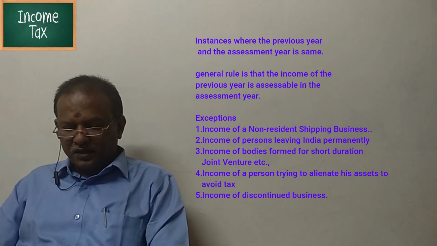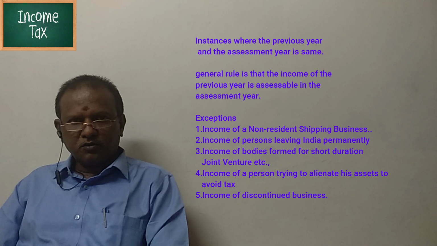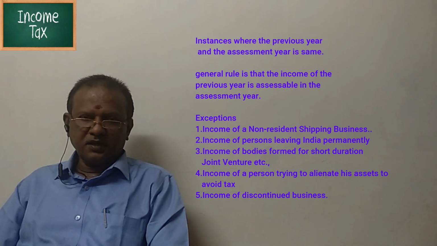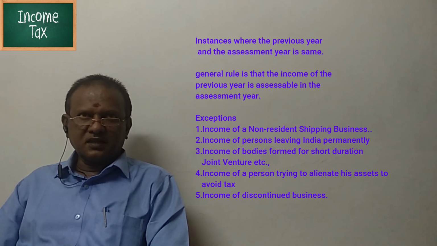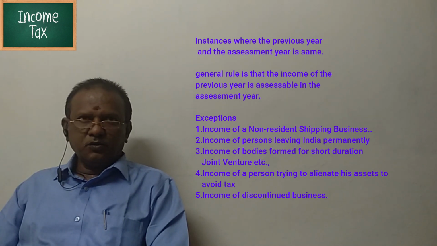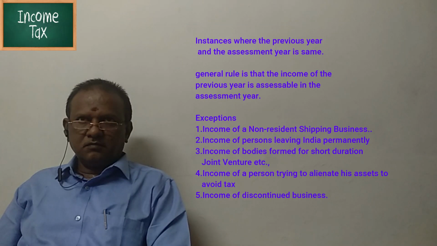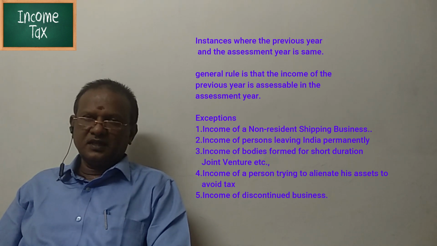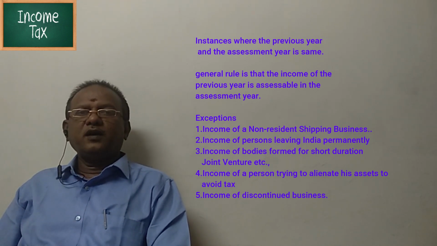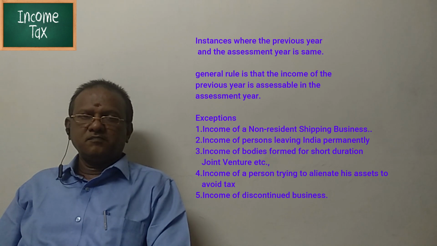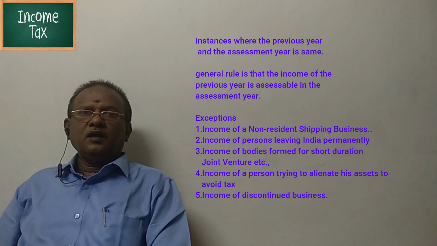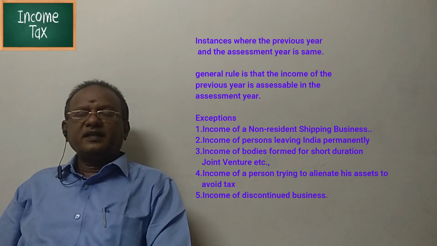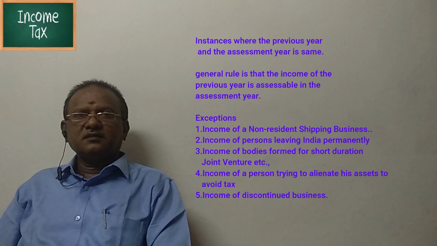The fourth point is the income of a person trying to avoid tax by transferring his assets. This is called a benami transaction. If a person transfers his assets with a view to evade the tax, it is called a benami transaction.